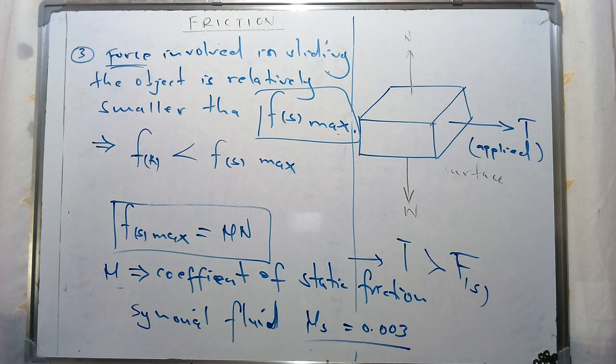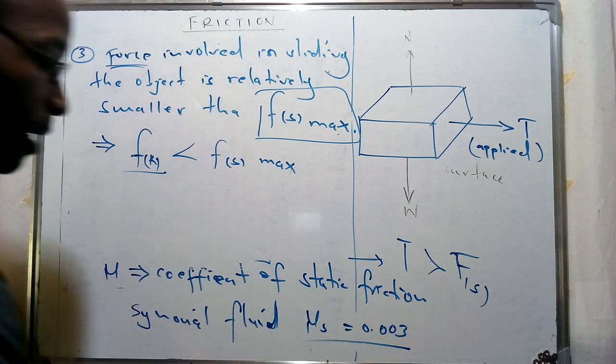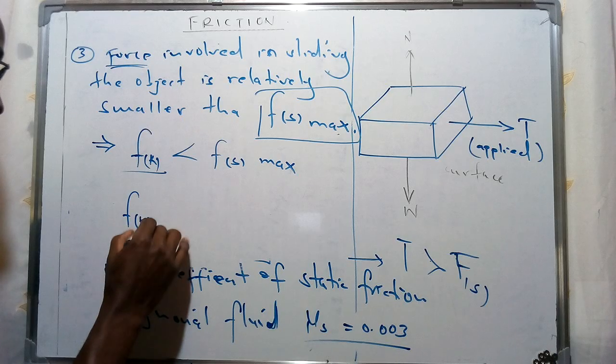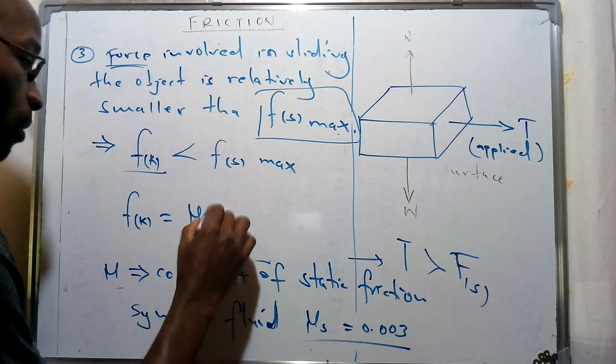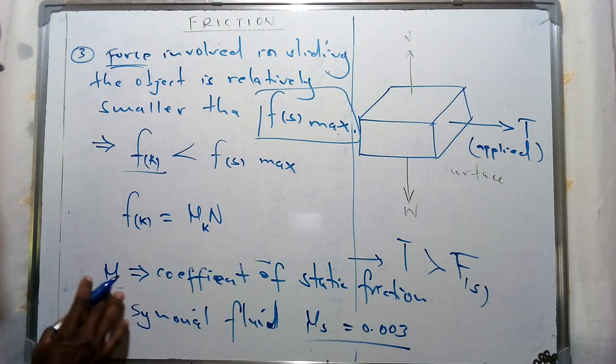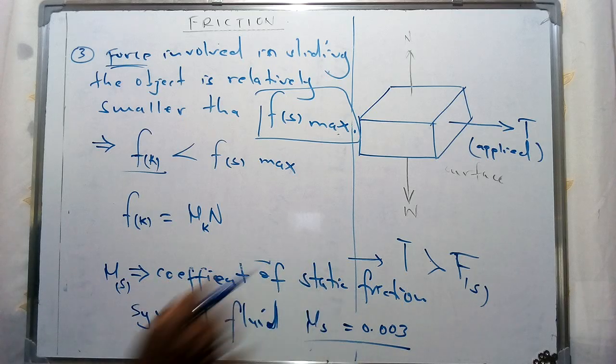So this kinetic friction which I've given is independent of the contact area, and just like the static one, it is proportional to the normal force. We can represent this sliding or kinetic friction as F sub K equals mu times N. In this case, the first one we gave was mu S, the coefficient of static friction.